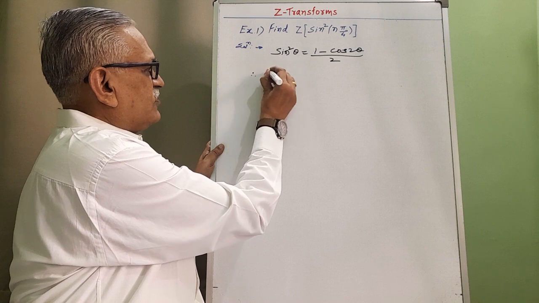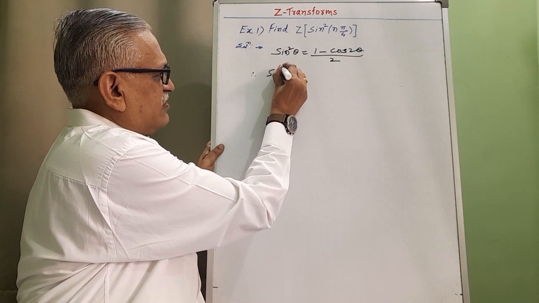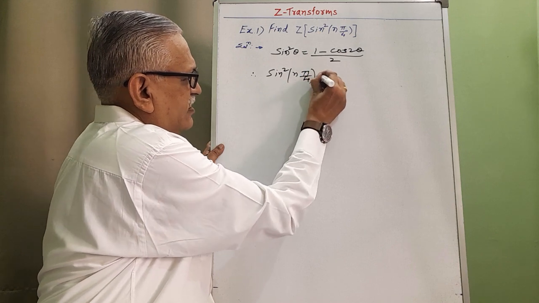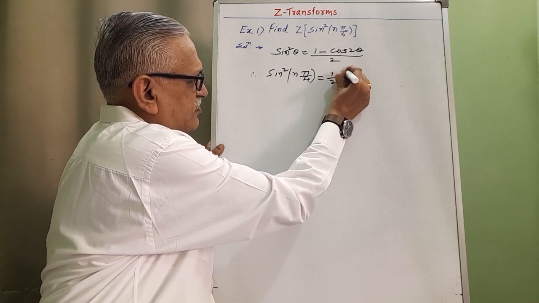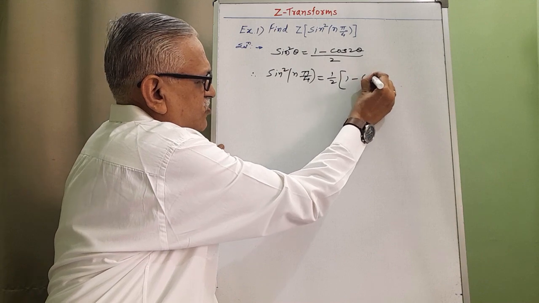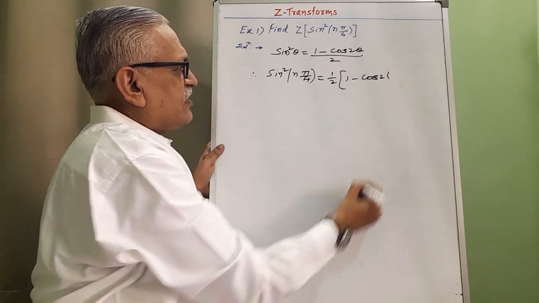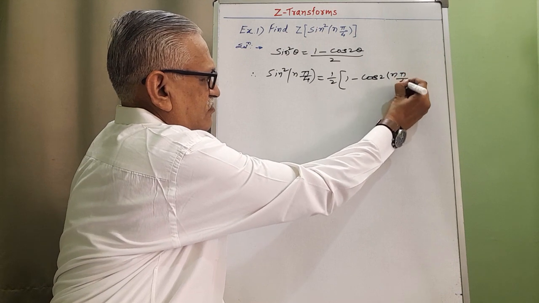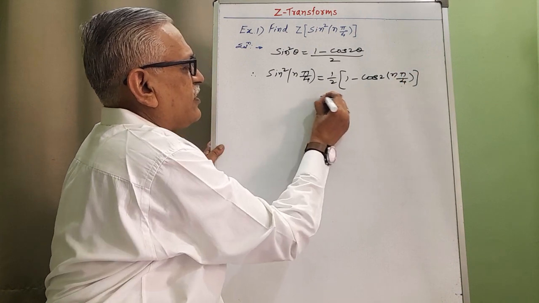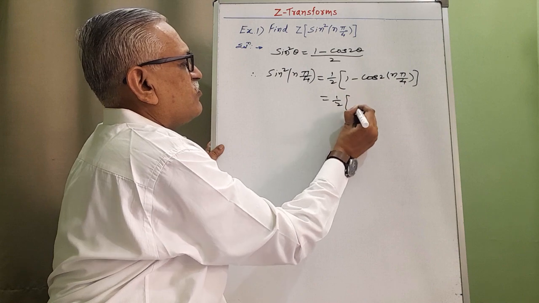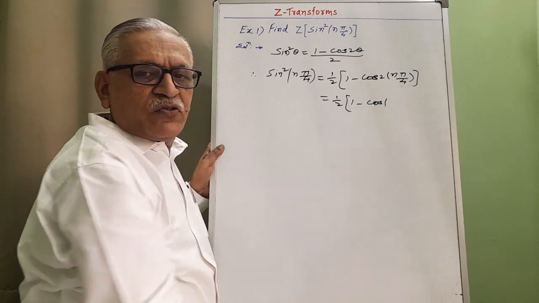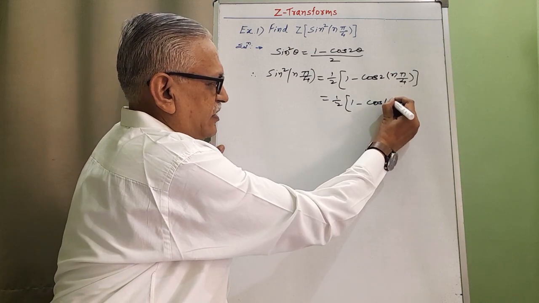Therefore, sine square n pi by 4 we can rewrite as 1 by 2 times (1 minus cos of 2 times n pi by 4), and therefore it is 1 by 2 (1 minus cos of, multiplying by 2 inside, we get n pi by 2).